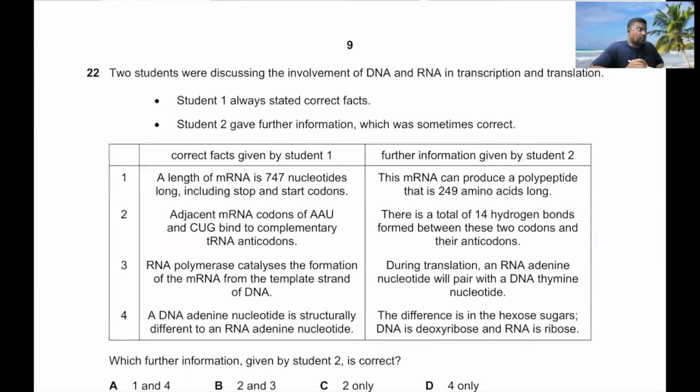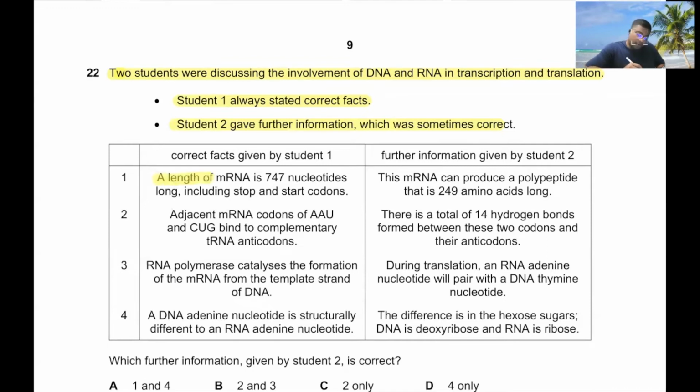Question number 22. Two students were discussing the involvement of DNA and RNA in transcription and translation. Student 1 always stated correct facts. Student 2 gave further information which was sometimes correct.